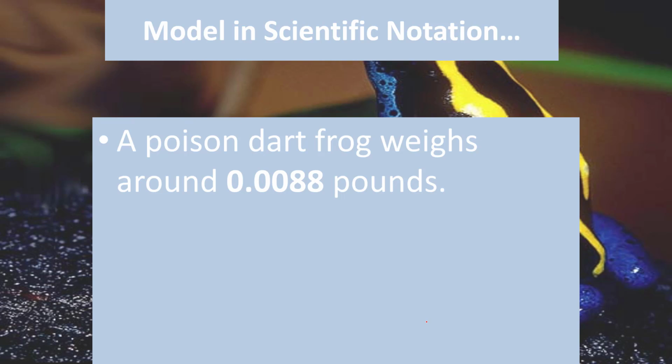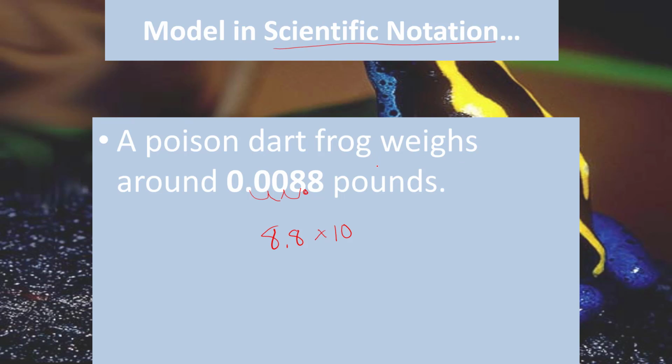All right, a poison dart frog weighs around 0.0088 pounds. We want to write it in scientific notation. So we're going to move the decimal until we create a number greater than or equal to 1, but less than 10. Well, that would be right here. By the time I move the decimal to there, I end up with the value 8.8 times 10.